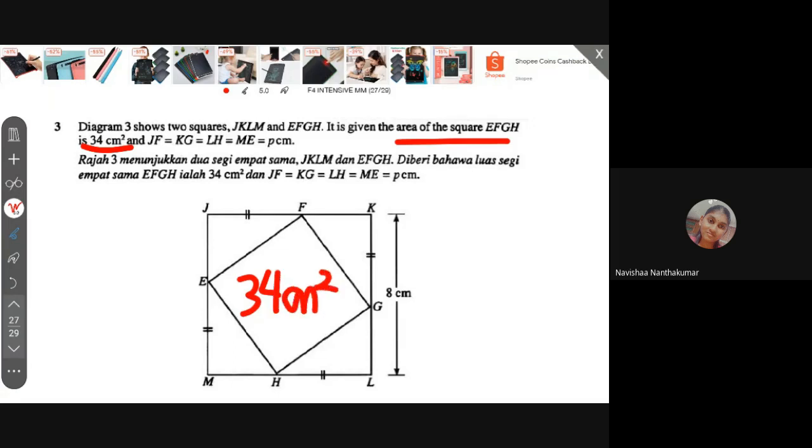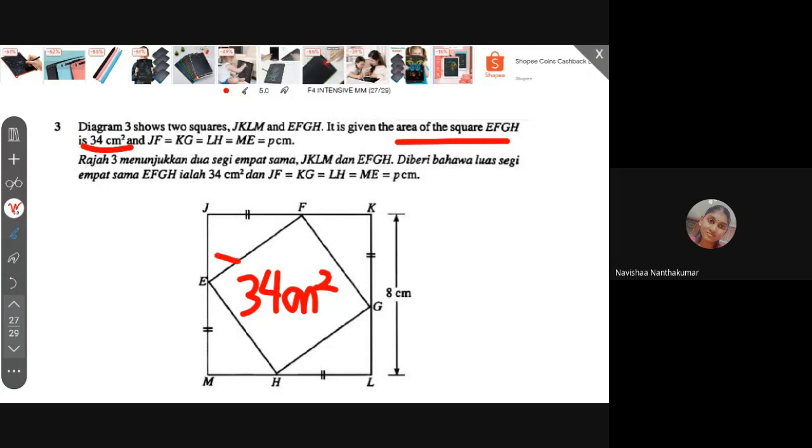Okay guys, so kalau saya tanya panjang EF, apa nilai dia? What is the length of EF? EFGH is a square. So kamu boleh kira terus yang ni. What's the length for EF? Ya, betul.